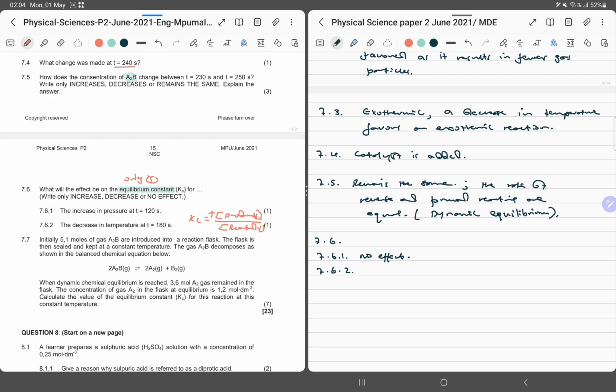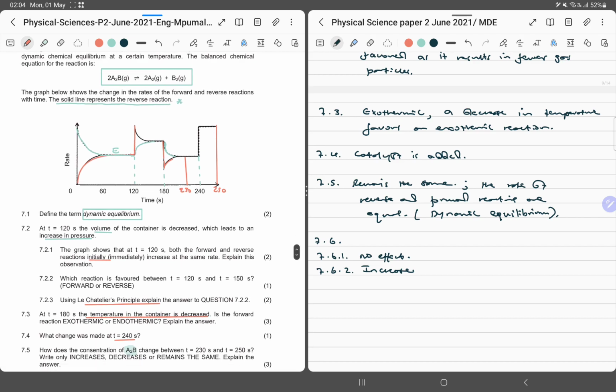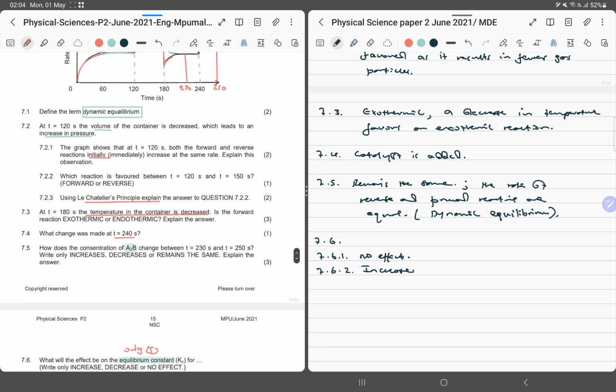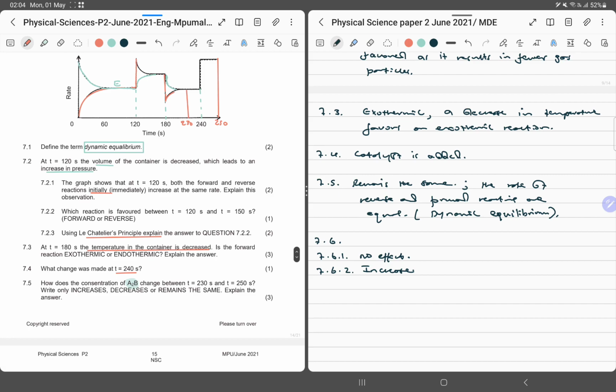So now if we increase the numerator, what happens? We essentially are increasing the value of Kc, so it should increase. Definitely, because at T180, the forward reaction is above the reverse reaction to suggest that it is favored, until they become in dynamic equilibrium again. Not a problem.